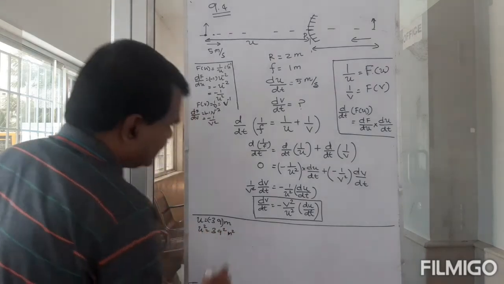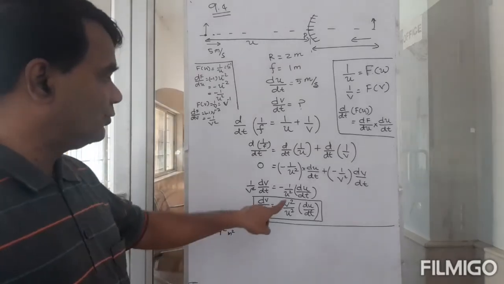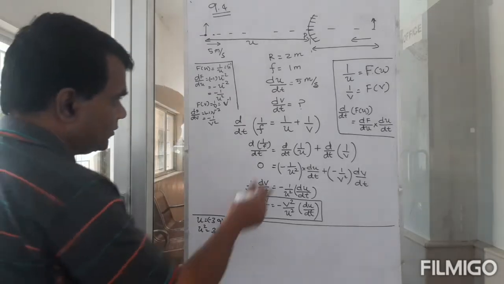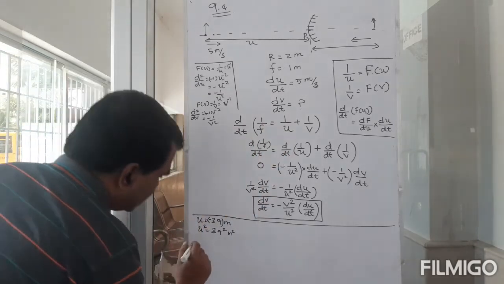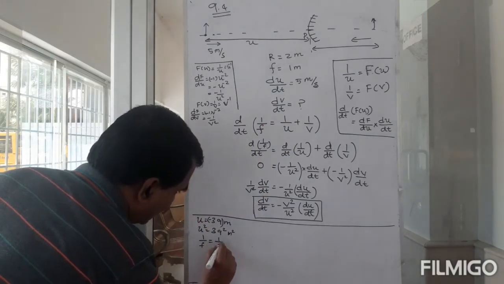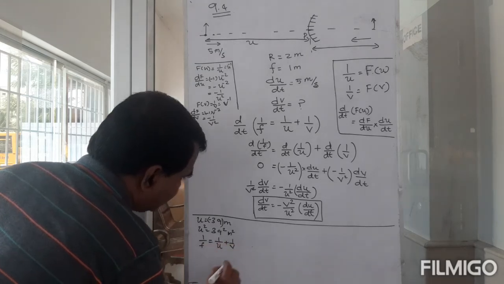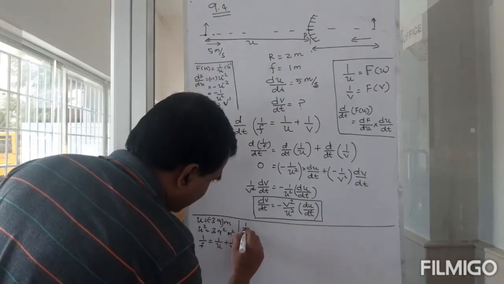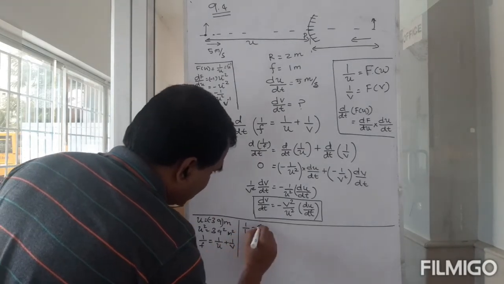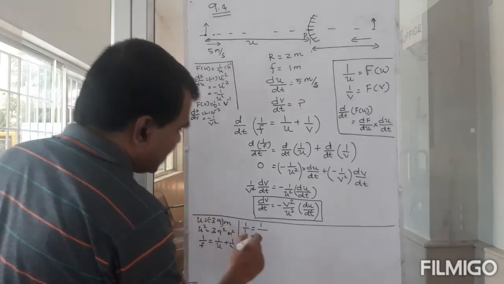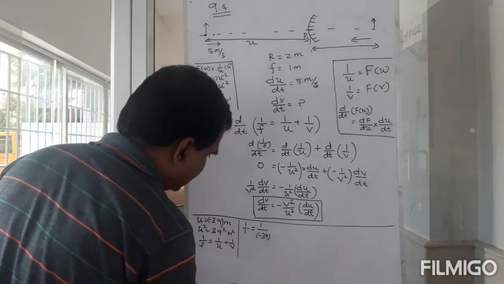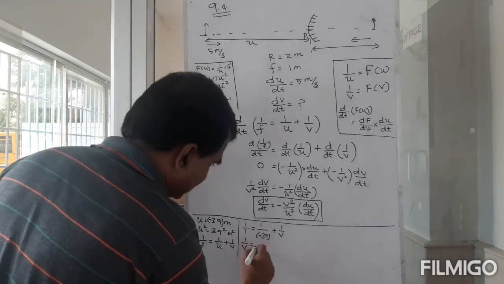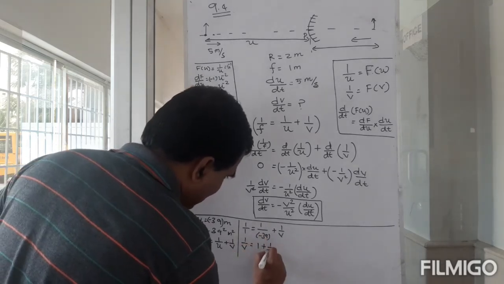Meter squared. But for that u, you need to find v. So how do you find v? Use this expression, the mirror formula. The mirror formula is 1 by f is equal to 1 by u plus 1 by v, and 1 by f is 1 meter, right? So 1 by 1 is equal to 1 by u, which is minus 39, plus 1 by v. So 1 by v is equal to, we bring it here, 1 plus 1 by 39.